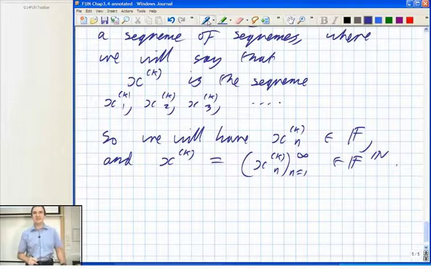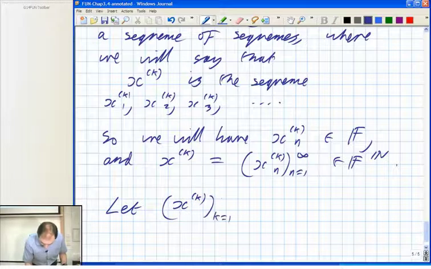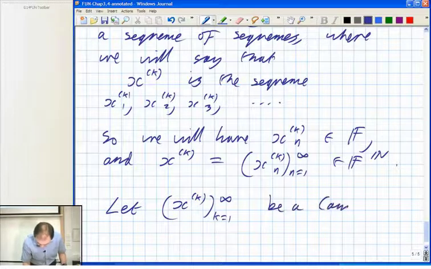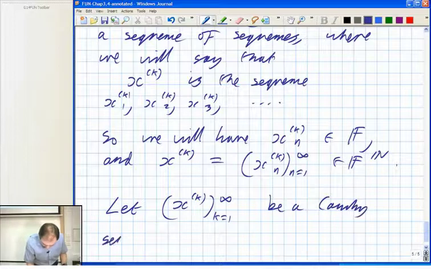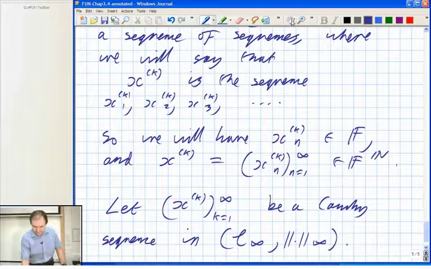So now, let's suppose you've got a Cauchy sequence in little l infinity, where k will run from 1 to infinity, of course using the sup norm.